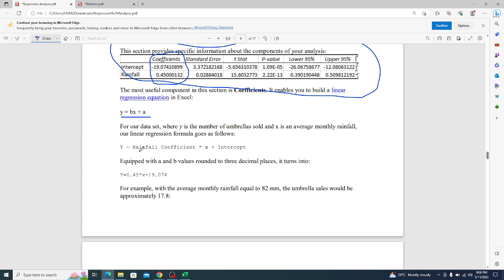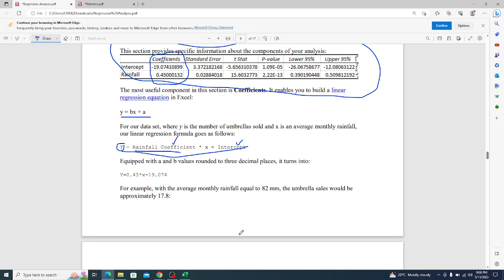For example, in our model we wanted to predict the y, which is the umbrella sales, using the rainfall amount. So for that we had to find the coefficient of x, which is the rainfall coefficient, and also the intercept.